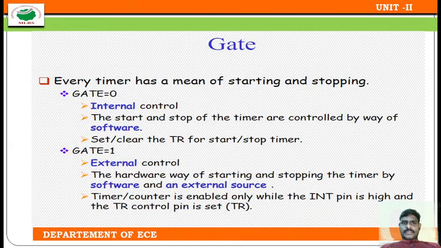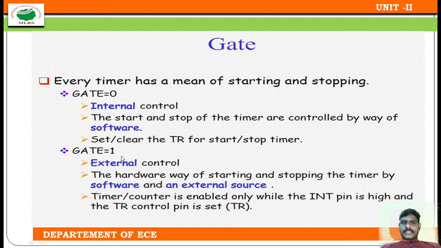Next, the gate. Every timer needs a means of starting and stopping. When the gate is 0, it is internal control: the start and stop of the timer is controlled by software. But when the gate is set, then TR starts the timer, which means I am giving access to the TCON register, one more register, with an external source starting it.